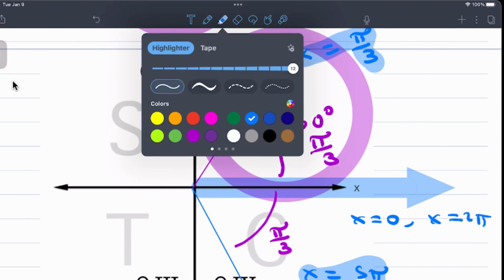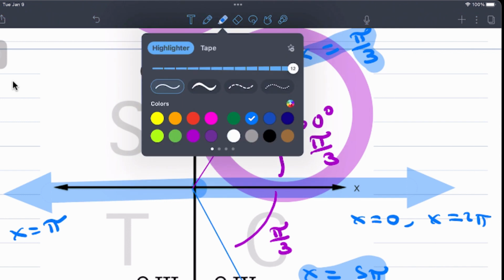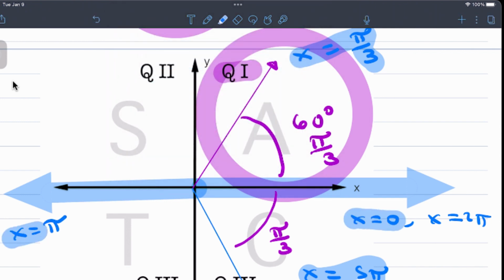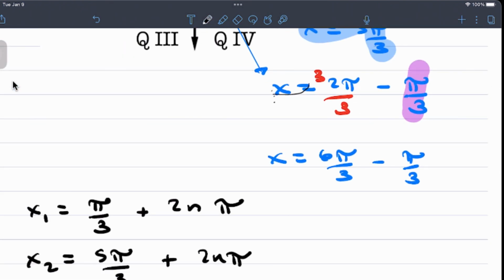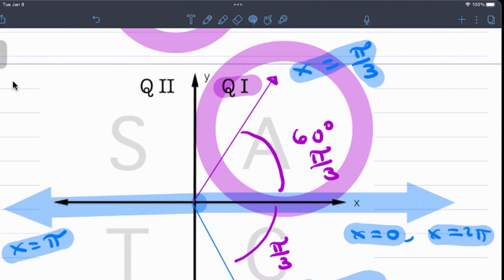I have another solution for sine being 0. This happens when x is what now? Pi, is that true? x is 0, x is pi, x is 2 pi. So how can I generally describe this situation? What did you guys do this weekend on this? So if I started here and said, okay, this will be x3 now, what's the deal there? What do you guys think?